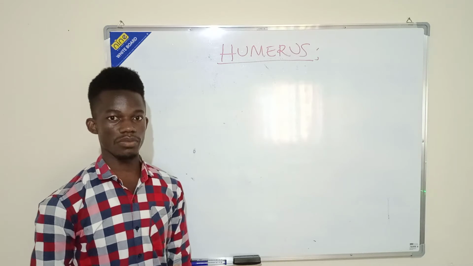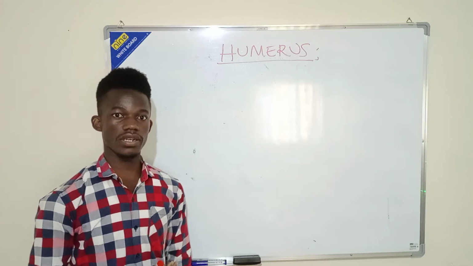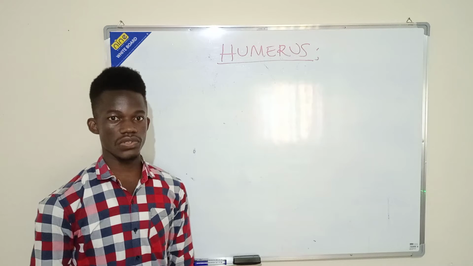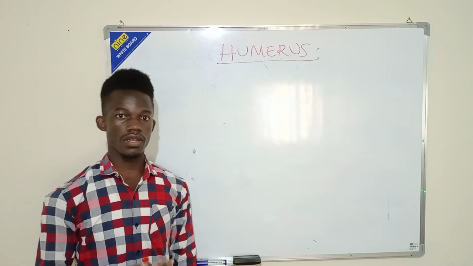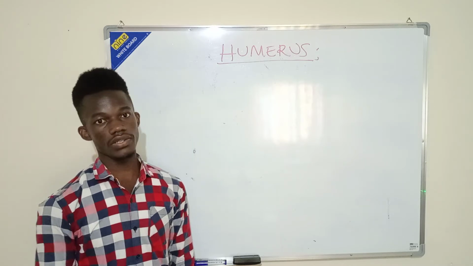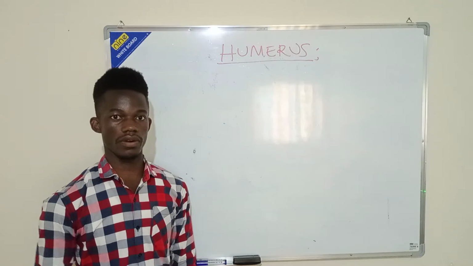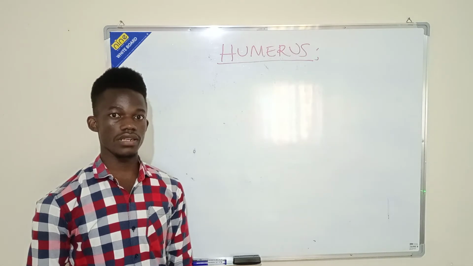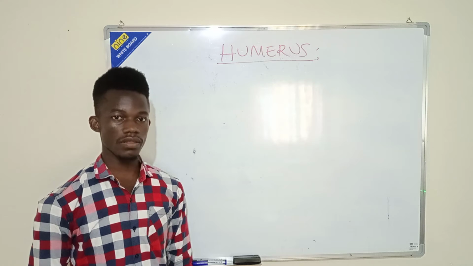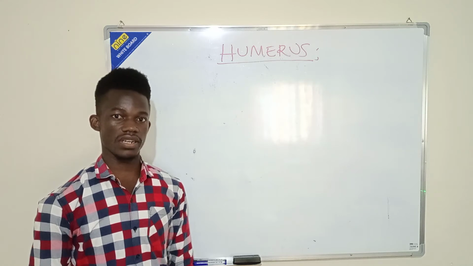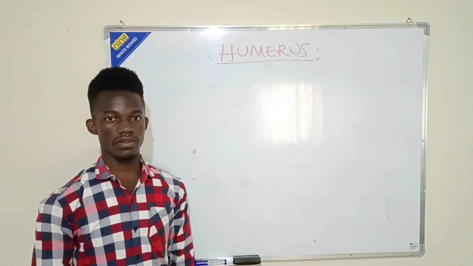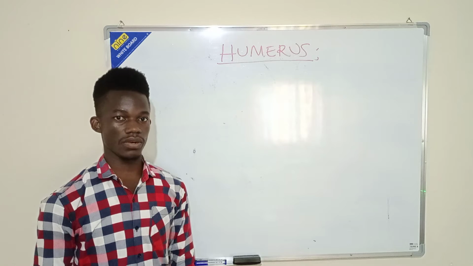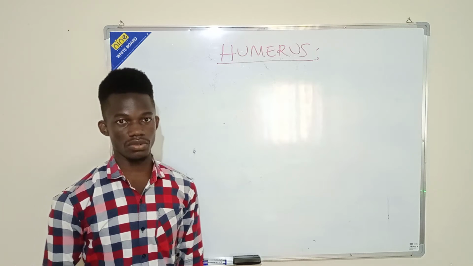Its distal end makes articulations with the radius and the ulnar bones of the forearm, making up the elbow joint. It is classified as a long bone, and those who have studied structure and ossification of bones know what I mean when I talk about a long bone.